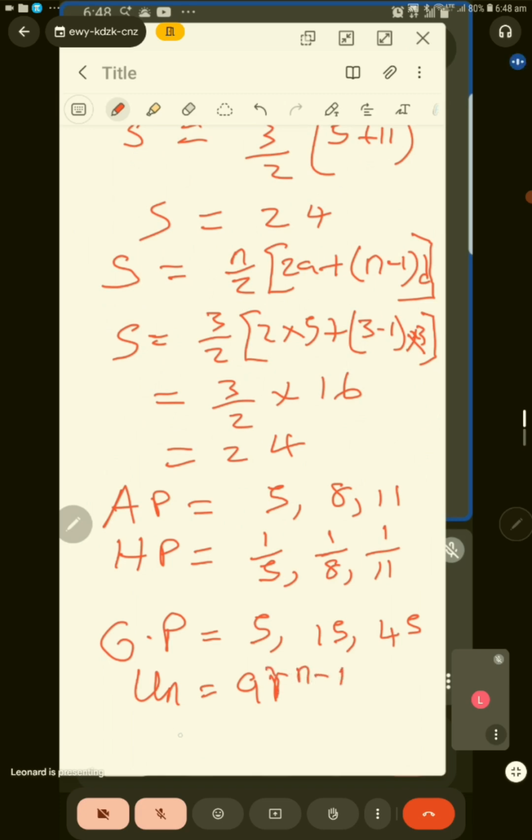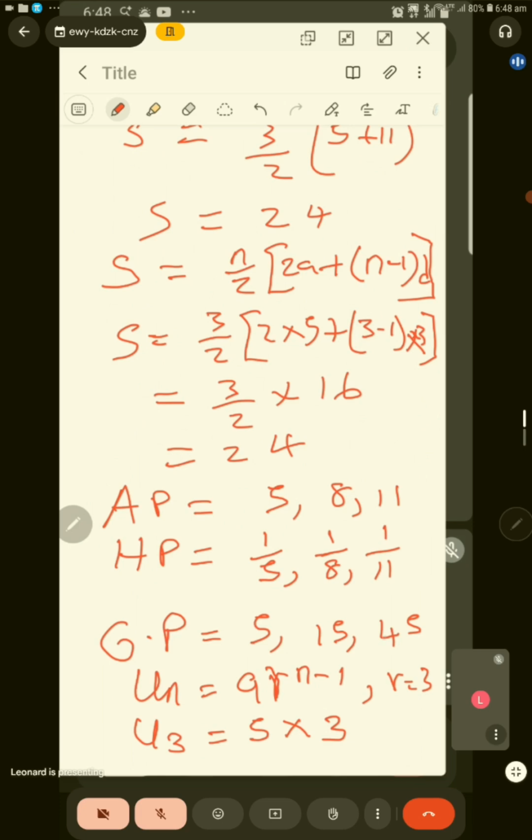Assuming we want to find the third term u3, it will be a, which is 5, times r, the common ratio. Here r is 3.